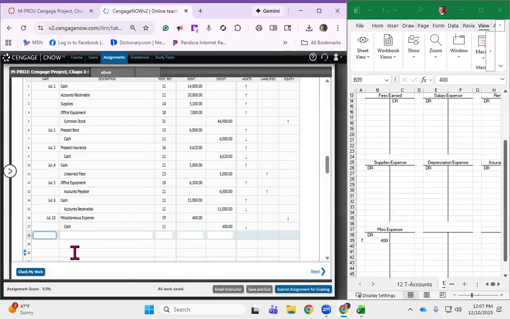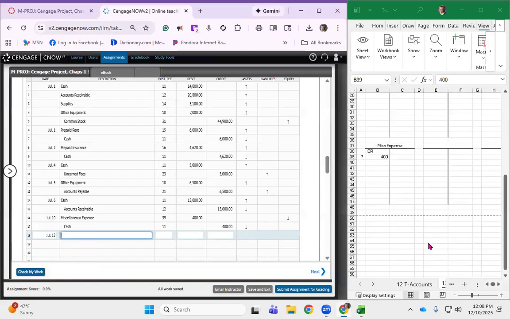Okay, this is going to be July 12th. We paid Office Station for part of the debt incurred on July 5th, and we're paying $5,200. So we're paying $5,200 on an amount we owe to Office Station of $6,500.